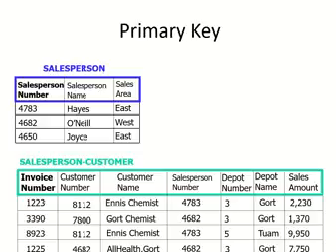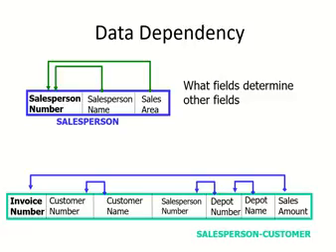Another concept that we need to understand with normalization is data dependency. And the idea here is where we look at the fields and we say, well, what is dependent on what? It's kind of like saying that if I have one piece of information, can I confidently say what the other piece of information is?